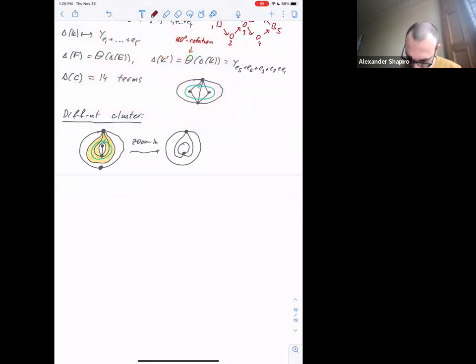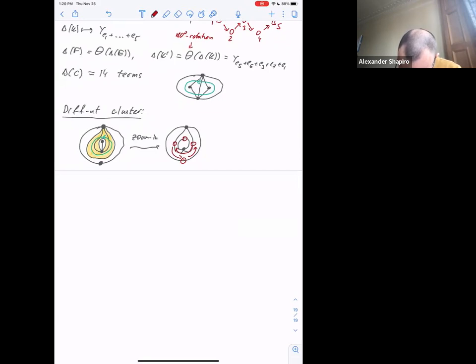Let me again just draw all the variables that are here. So these are these three and these three, and if we draw what happens with them, we have these arrows.